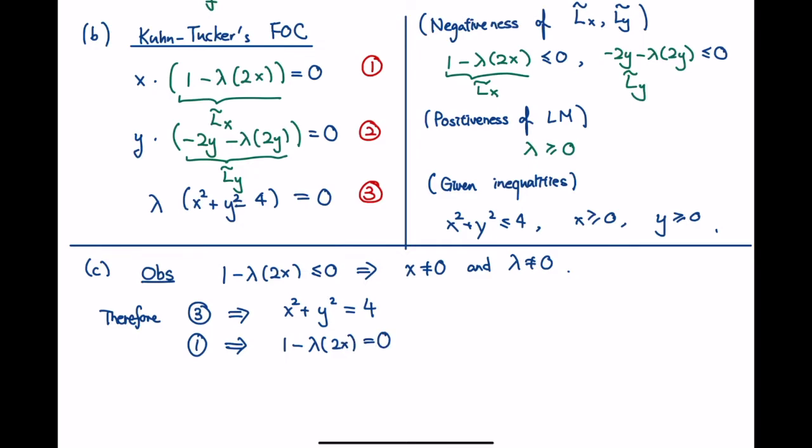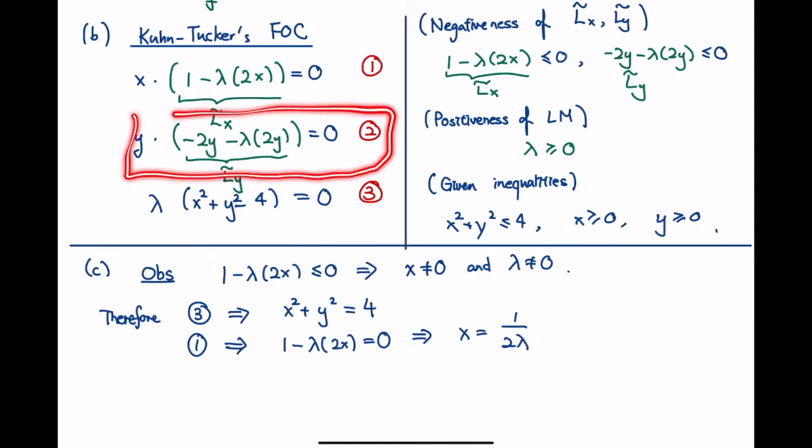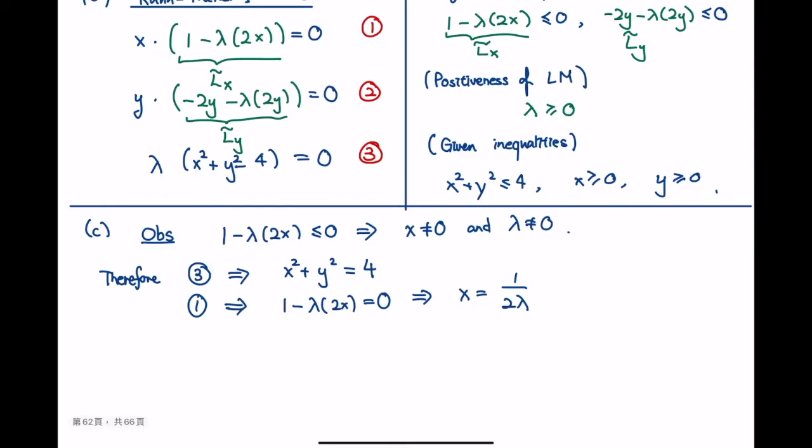And then we use our usual trick: we try to write x in terms of the Lagrange multiplier. So we can write x equals 1 over 2 lambda. But what should I do next? The only equation that I haven't touched is the second equation. If you look at the second equation, it implies either y is 0 or the other bracket is 0.